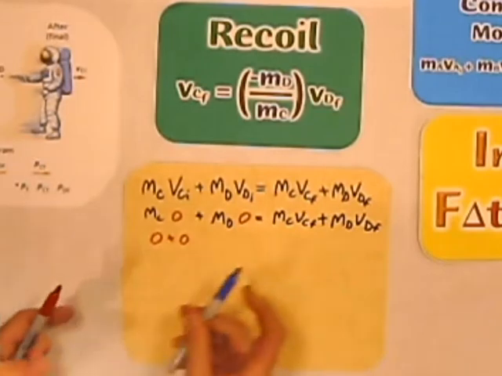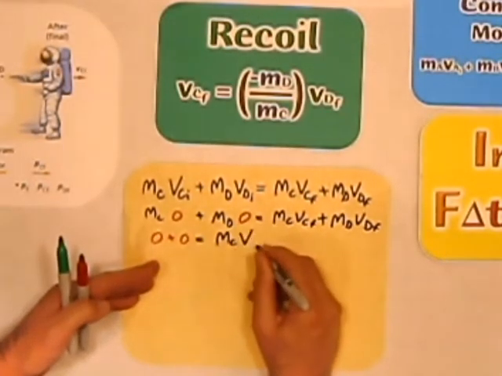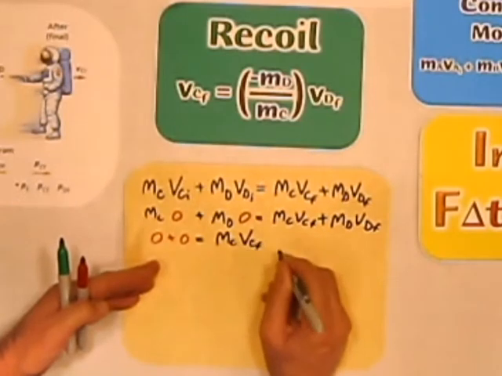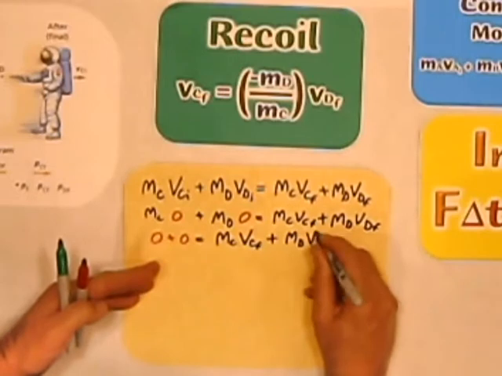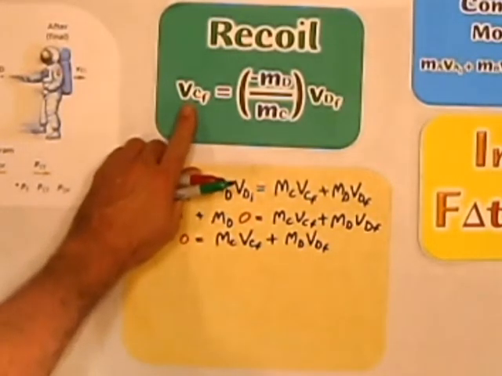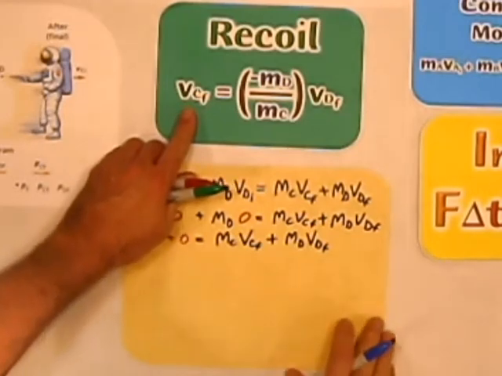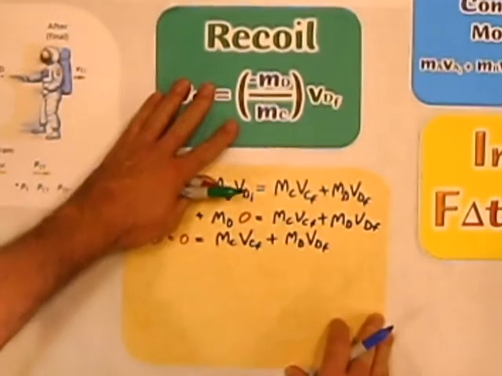So that entire side of the equation is equal to 0. Then we have to try to isolate for one of the variables. It depends on which one we're solving for, but you can see that in the case of this equation, they solve for VCF. So why don't we solve for VCF, and try to get everything else on the other side.